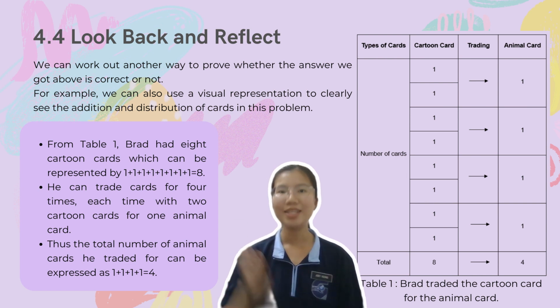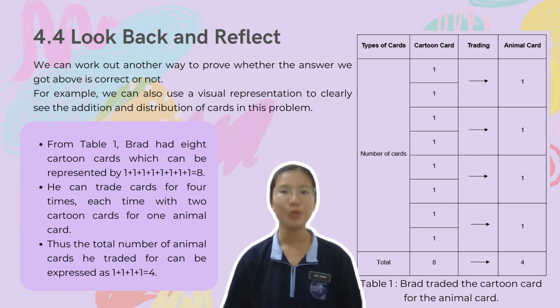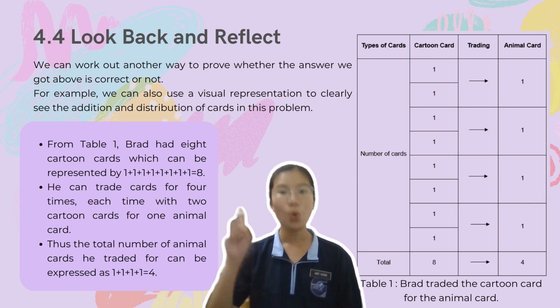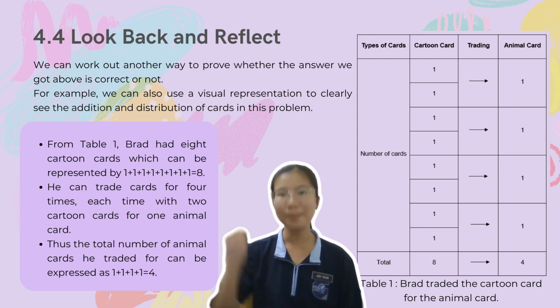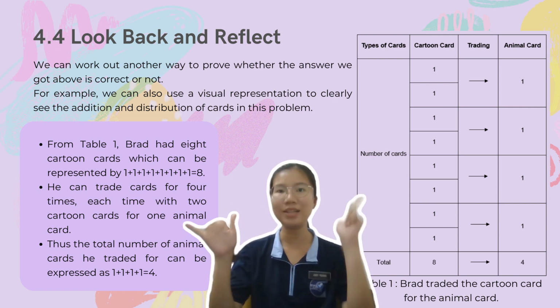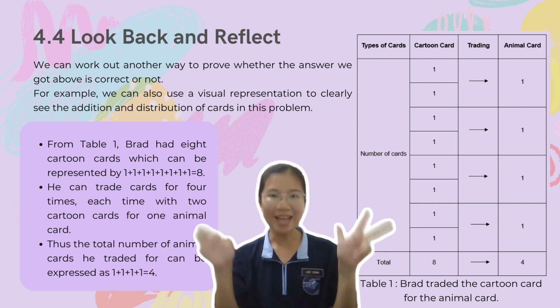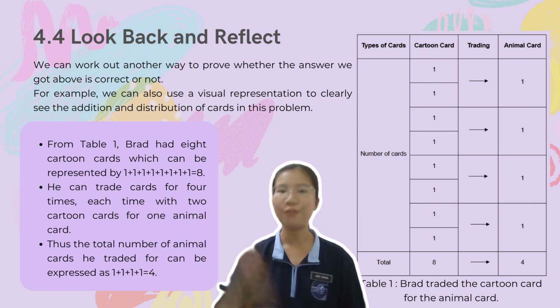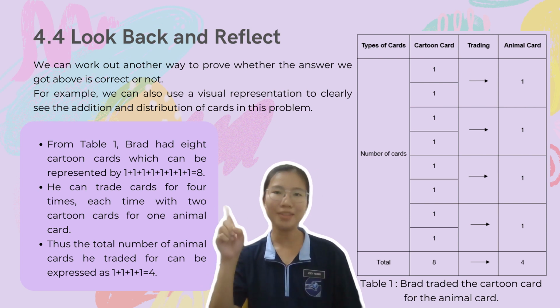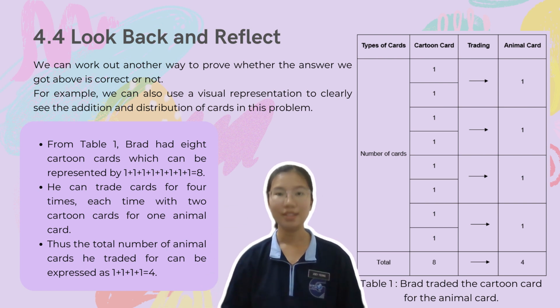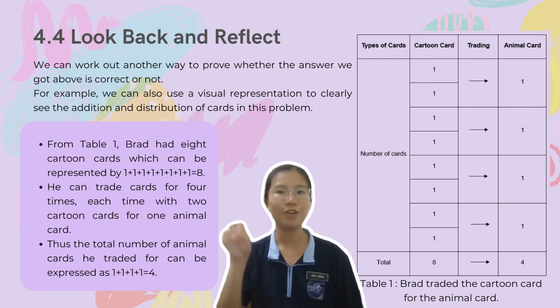From Table 1, Brett has 8 garden cards which can be represented by 1 plus 1 plus 1 plus 1 plus 1 plus 1 plus 1 plus 1 is equal to 8. He can trade 4 times, each time with 2 garden cards for 1 animal card. Thus, the total number of animal cards he trades for can be expressed as 1 plus 1 plus 1 plus 1 is equal to 4.